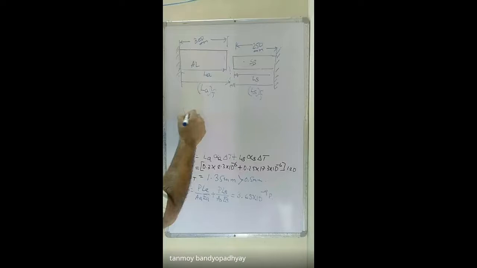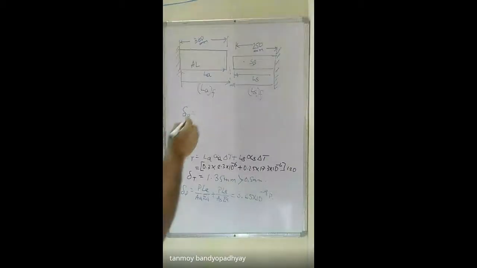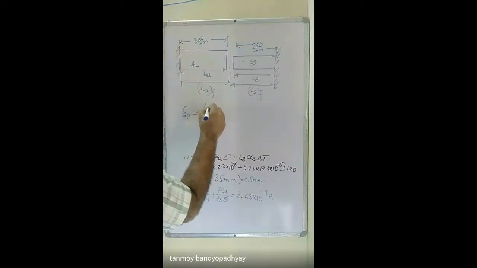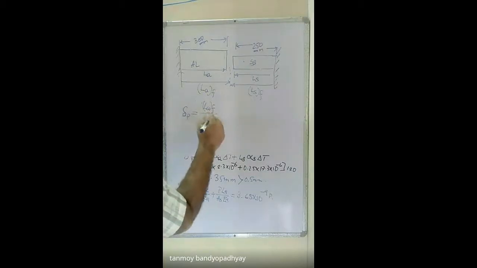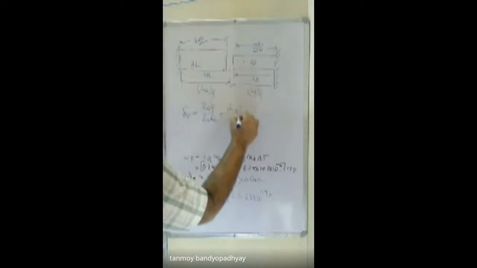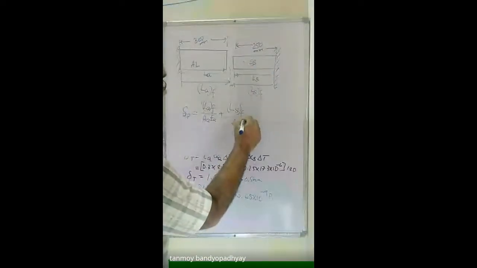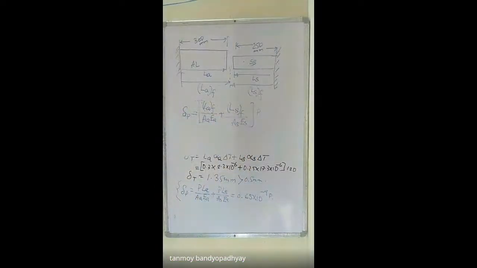আমার মনে হয় না আনসারে খুব একটা ডিফারেন্স আসবে, বিকজ এই লেন্থ গুলো এতটাই শর্ট, মানে ওই 0.5 মিলিমিটার আর 300। সো তুমি যেটা বলতে চাইছো, let us see যে সব ভ্যালুজ available কিনা। So this should be P into LA, but take P as common, so this should be something like LA into LAF divided by AA EA plus LS into LS final divided by AS ES, then outside you put it as P. So now you need to see what is LAF.